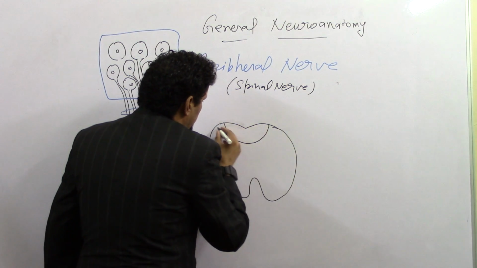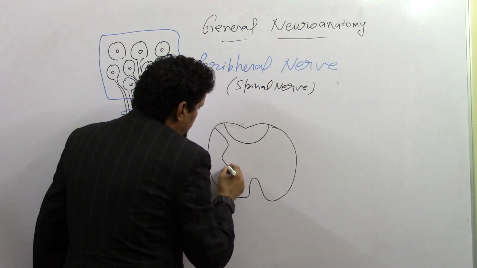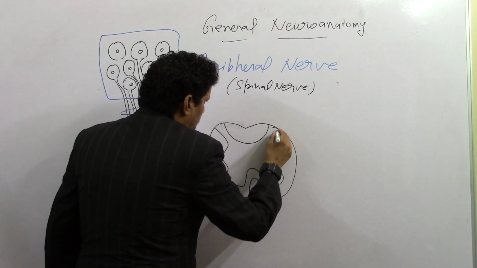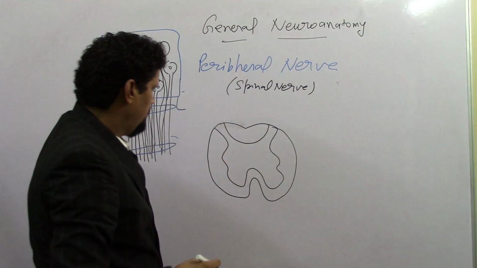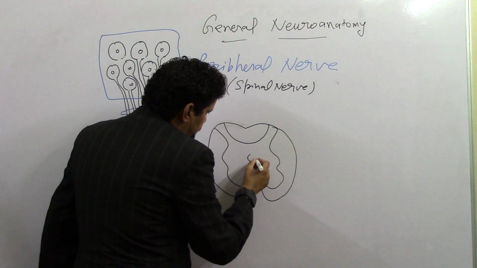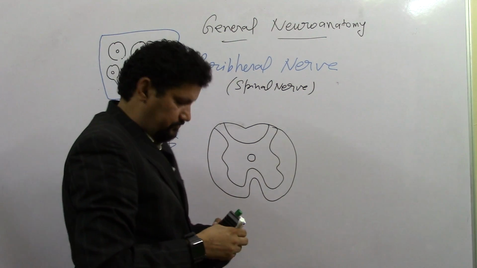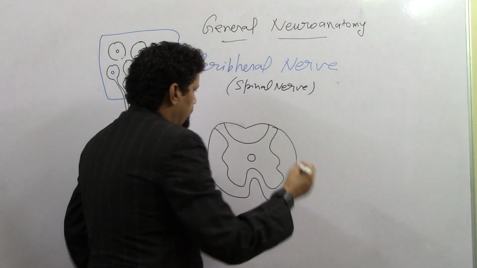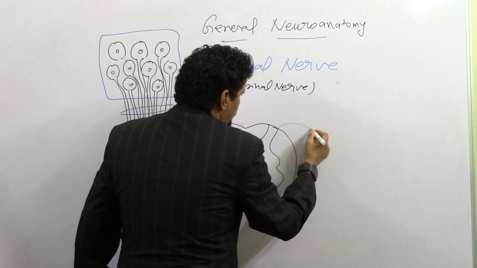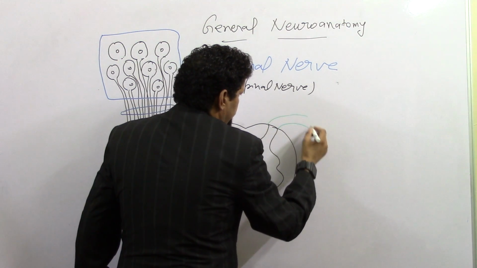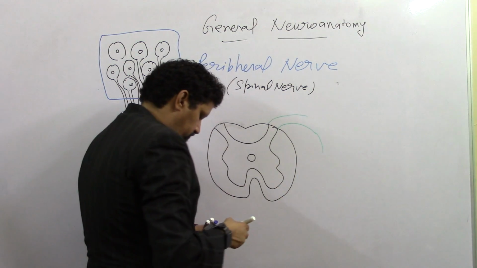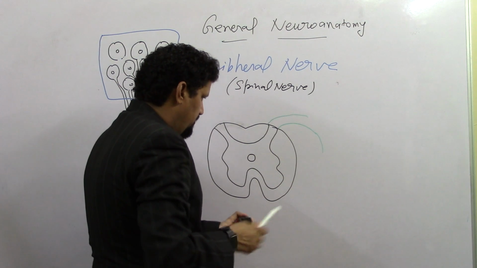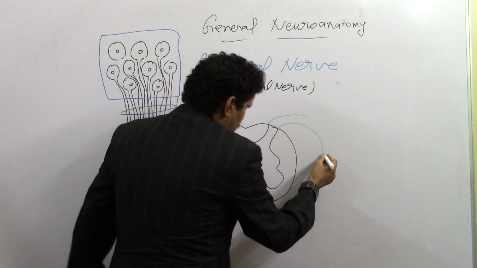Here is dorsal horn, lateral horn, anterior horn, and again dorsal horn of gray matter. Here is the central canal. This is the sensory root. And here is the motor or ventral root.